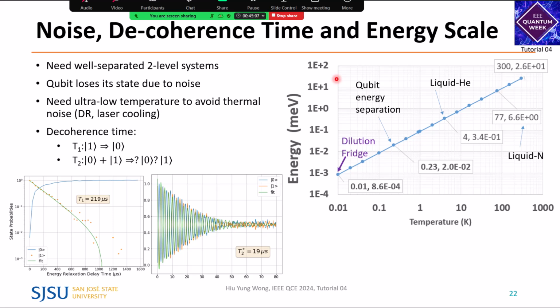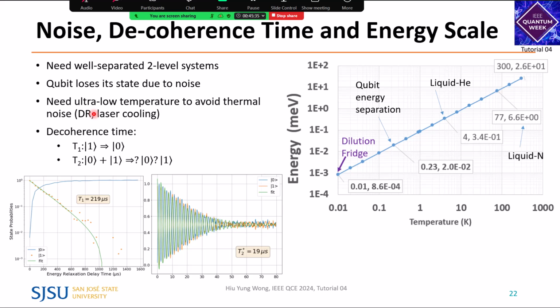For some quantum computers, for example, the superconducting quantum computer, the energy separation is only about 0.02 millielectronvolts. So if the noise is so big, how can you distinguish 2 levels? And that's why we need to go to a much lower temperature, with the noise energy about 10 times smaller than the qubit separation, right?